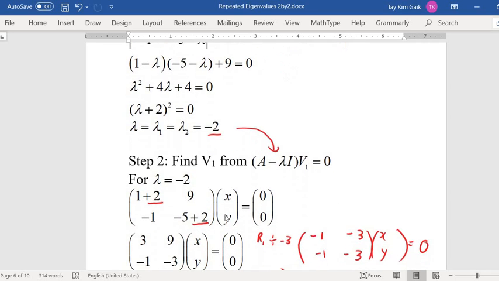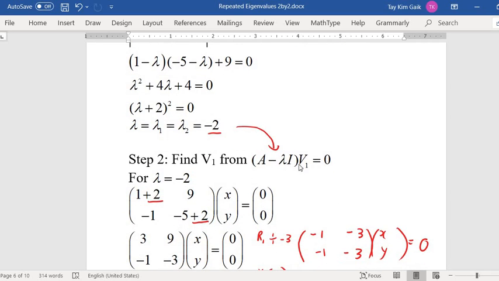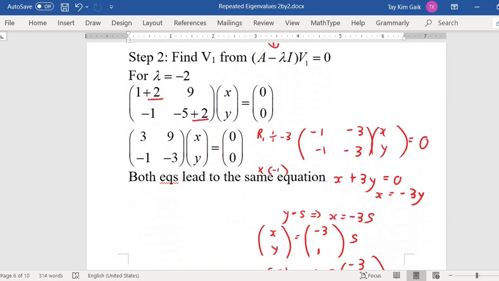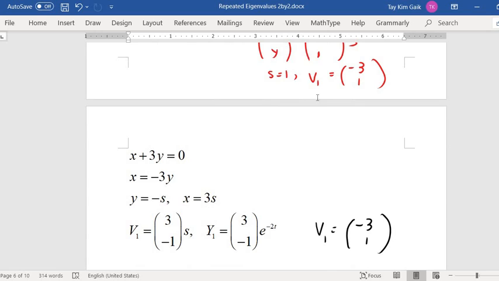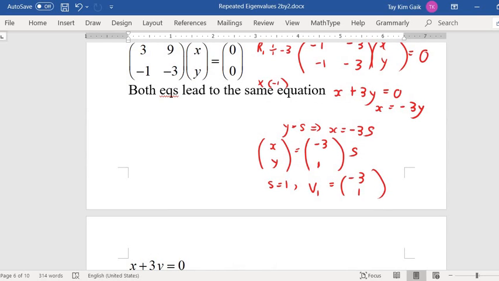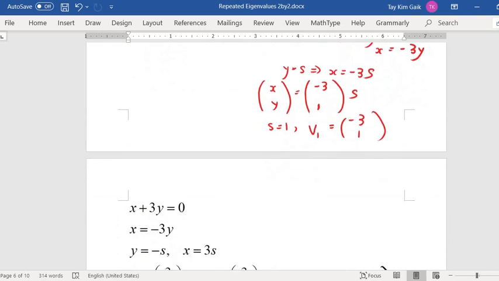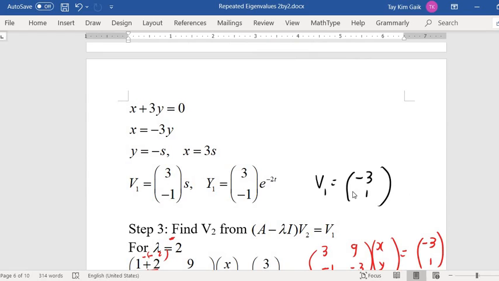Then step 2 finds the v1 from A minus lambda I v1 equal to 0. Here we got two versions: one is letting y equal to negative s, another is letting y equal to s. So different assumptions give different general solutions.